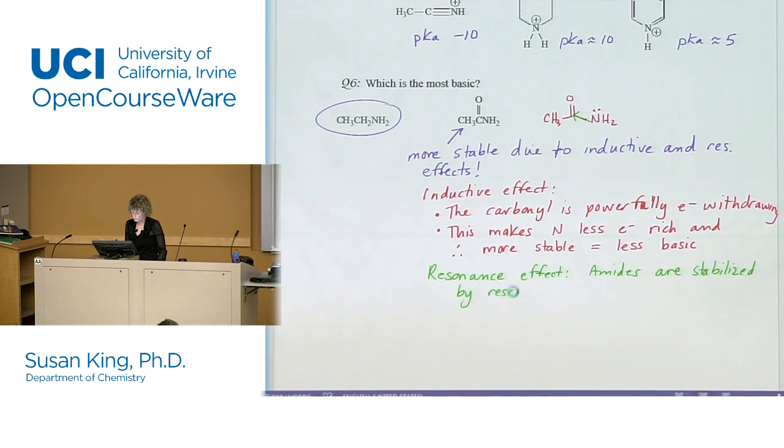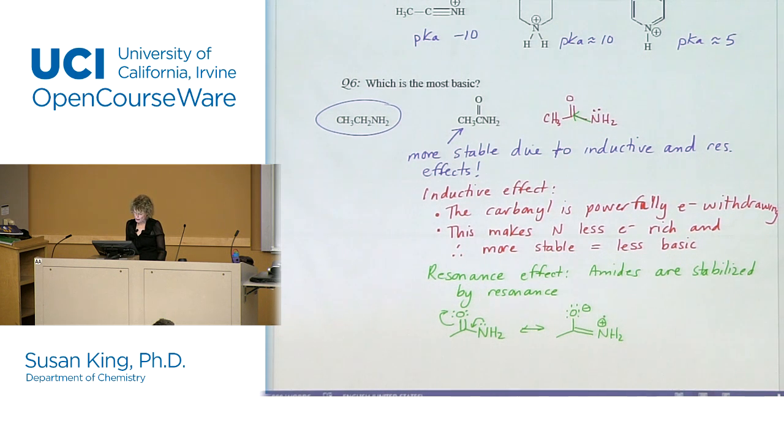So because it's pretty basic, it likes to donate its electron density. And so here we have the amide. It's going to want to donate electron density to the carbonyl, and remember this had a really high boiling point because of the fact that it has a very, very large dipole moment due to this second resonance structure that I've drawn.